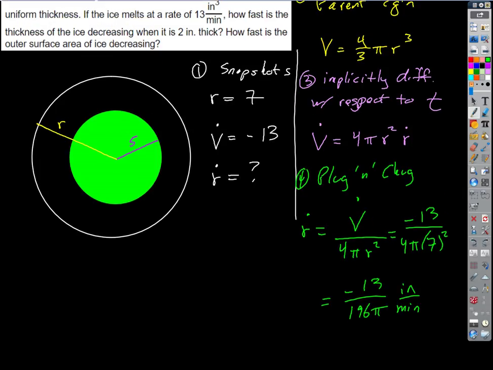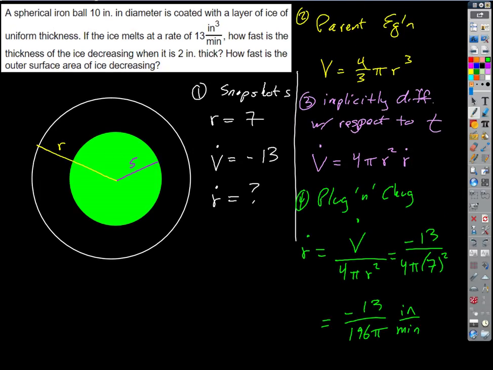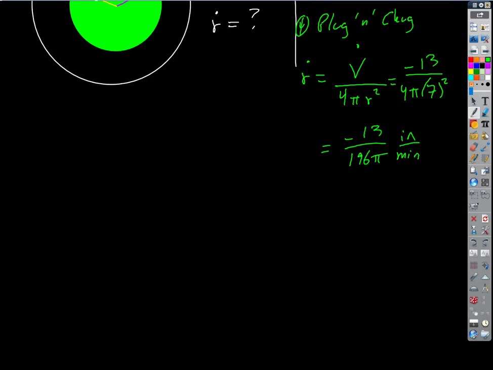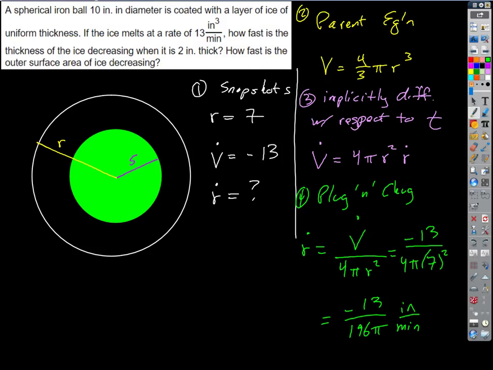What about part B? How fast is the outer surface area decreasing? What would you do there? Differentiate. Okay, good. You've done most of the hard work already, right? The only difference is the parent equation you'd start with would be the surface area equation instead of the volume equation.